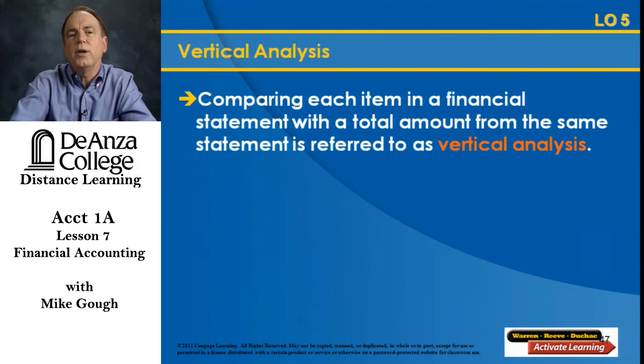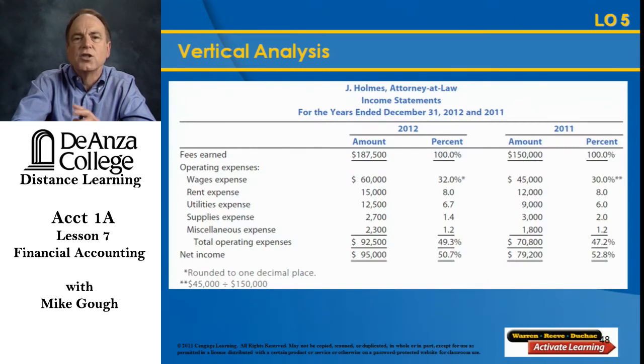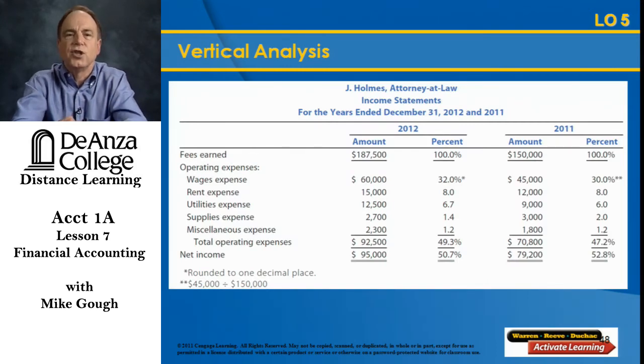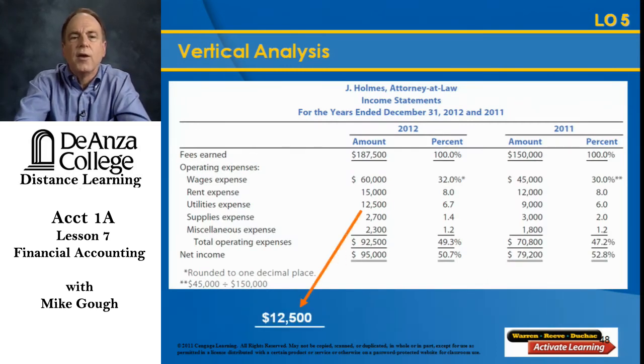Now, when we compare each item in a financial statement with the total amount from the same statement, it's referred to as vertical analysis. So here we have an example again of J. Holmes, attorney at law, and what we see is that utility expenses changed by about $3,500. That is from $9,000 to $12,500. We see that fees earned have gone up and so forth.